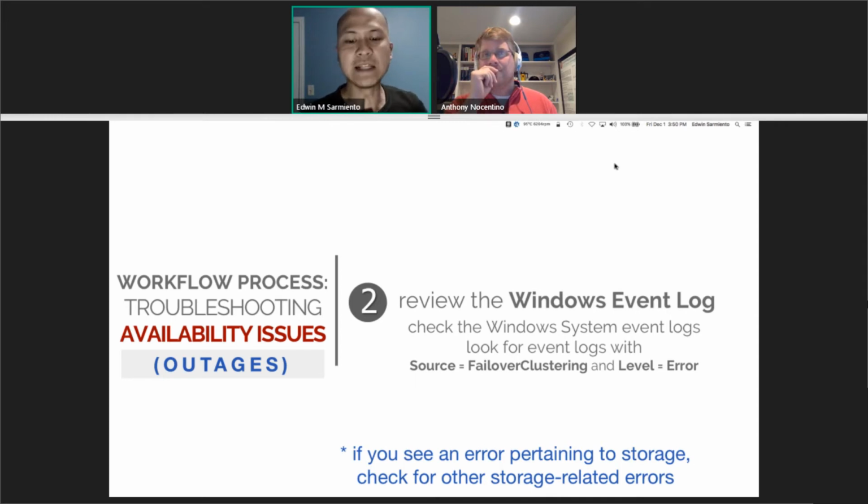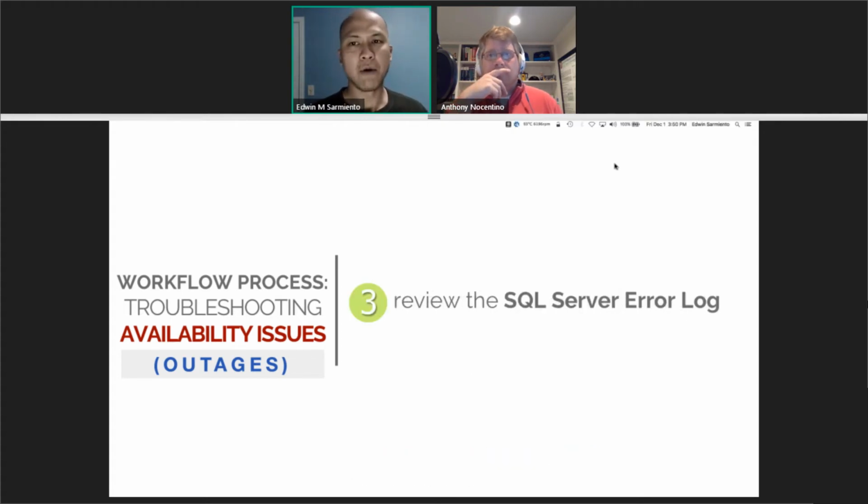If you see an error pertaining to storage, check for any storage-related errors. Or if you see errors pertaining to network, look for anything related to network. Now, if I've already figured out that it's not a network problem, not a storage problem, not an Active Directory or DNS problem, but a SQL Server problem and I can't bring it online, keep in mind that in a failover clustered instance, the cluster will not come online unless all of the dependencies have been brought online.